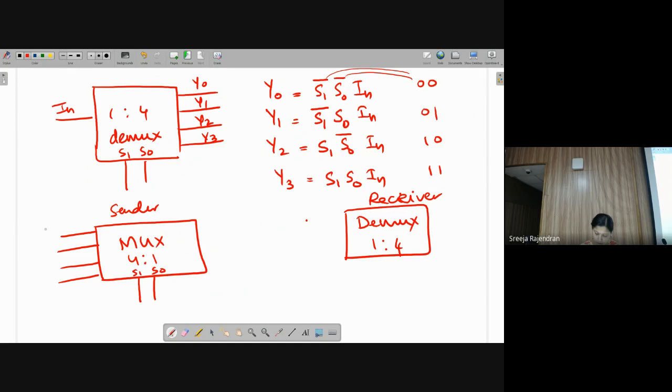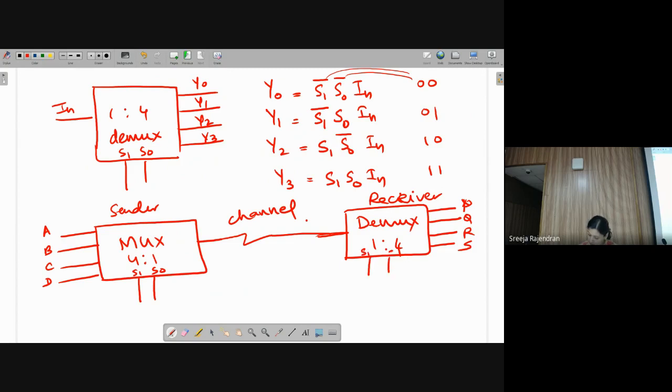So my inputs, I call them A, B, C, D. And the demux has only one input line, which is connected through the communication channel. In the demux, I have 4 output lines, so I call them P, Q, R, S.